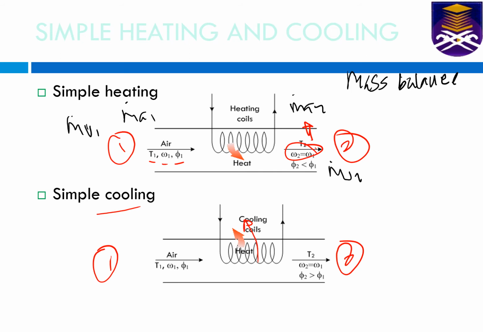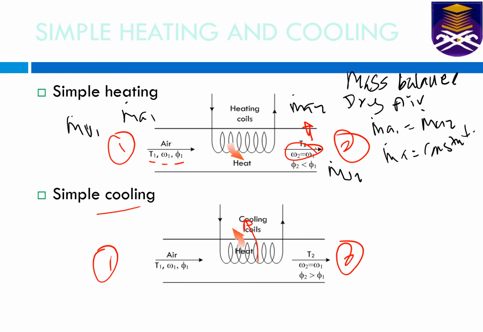Let's look at the dry air mass balance. If we take the mass balance for the dry air, what we have is m dot a1 and m dot a2, where the summation of mass in is equal to the summation of mass out. Which means that m dot a is constant.